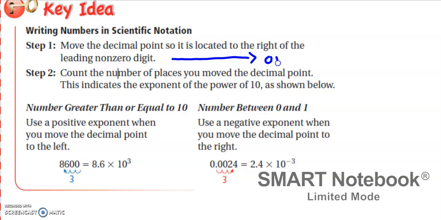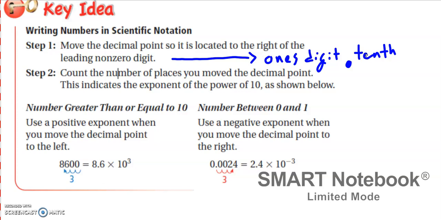So we're going to have a ones digit, and then we're going to put a decimal, and then it's going to be the tenths. Every time we write numbers in scientific notation, it's going to have a digit in the ones and then a digit in the tenths, and then all the way down.